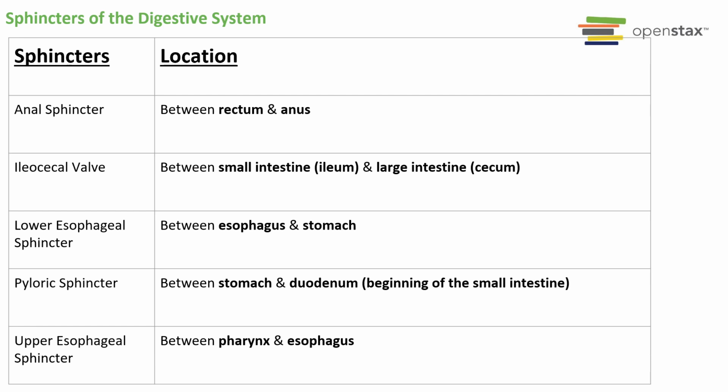Once again, all of these muscles are referred to as sphincter muscles, and they're essentially like valves because they contain circular fibers arranged to allow for the muscles to either relax and allow materials to pass through or contract and thereby prevent materials from making their way down the digestive tract.